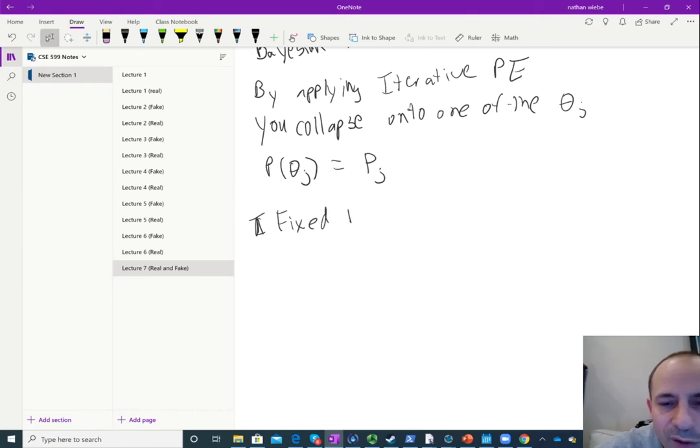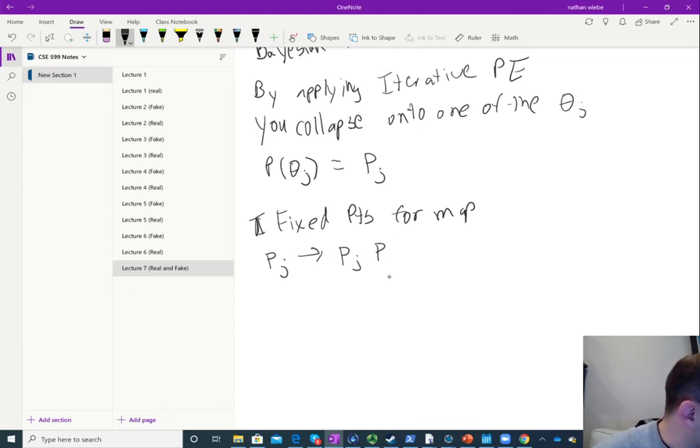So the fixed points for the map can be found by figuring out the fixed points of Pj goes to Pj times P of E given theta j, divided by P of E. I'm going to suppress the values of m and omega here because they're not needed for the argument.